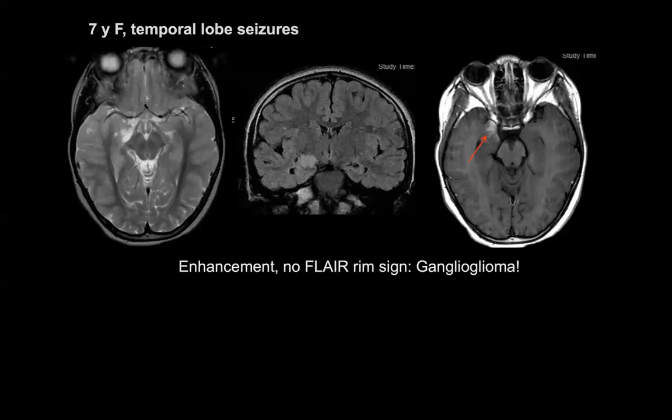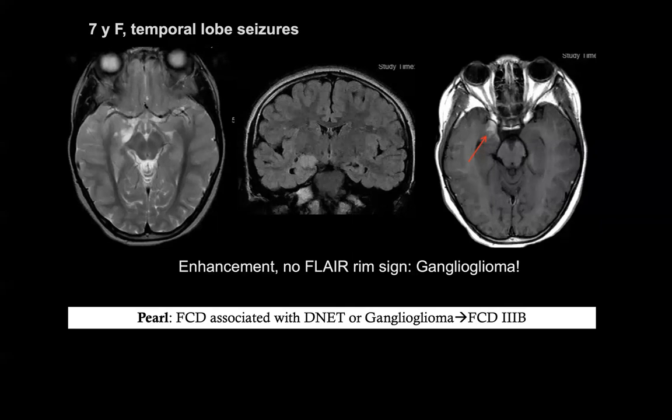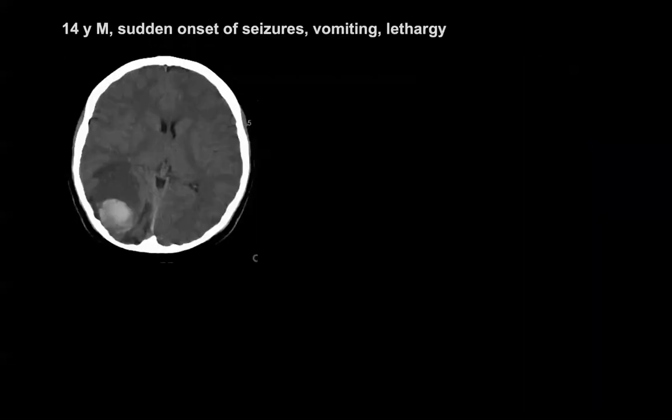It's normally a grade 1, but can recur, can become a glioblastoma, so you need to be very, very careful and to do post-contrast every time. Remember, focal cortical dysplasia can be associated with the ganglioglioma, and we call it focal cortical dysplasia type 3B, meaning a focal cortical dysplasia associated with something else. And again, in case of epilepsy associated tumor, please use contrast.